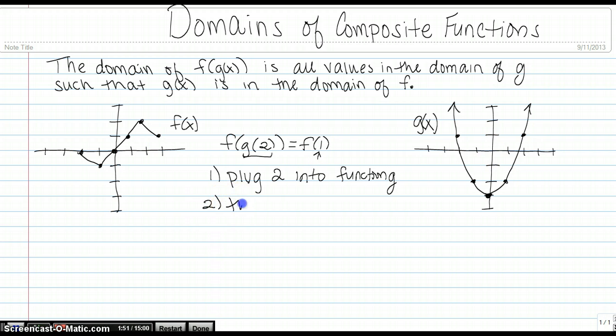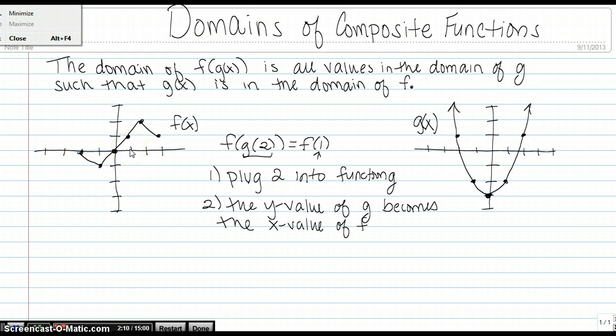So then you go to function f, you find when x is equal to 1 and then discover that f of 1 is equal to 1.